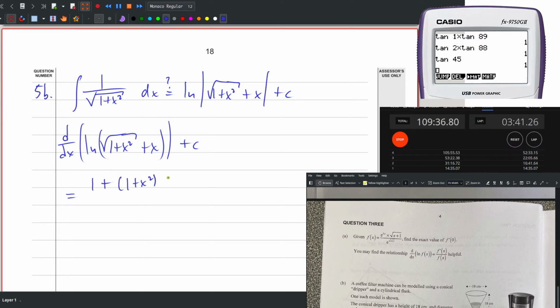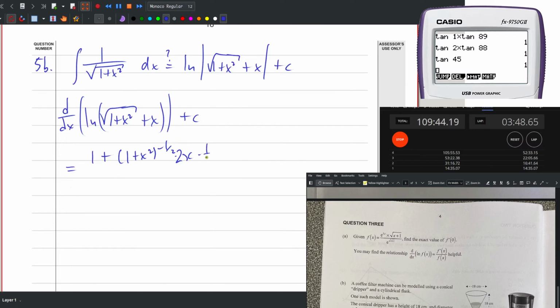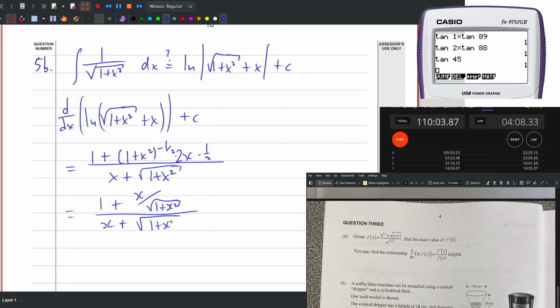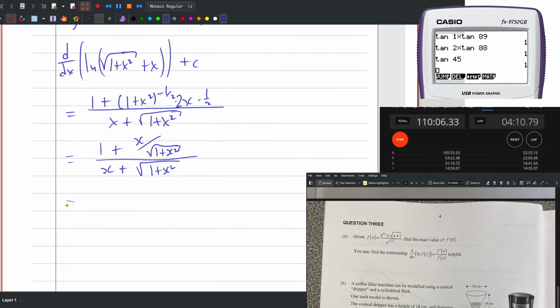So that's 1 plus x squared, then minus a half times x times 2x, right? But then times a half over... wait, how does this work?